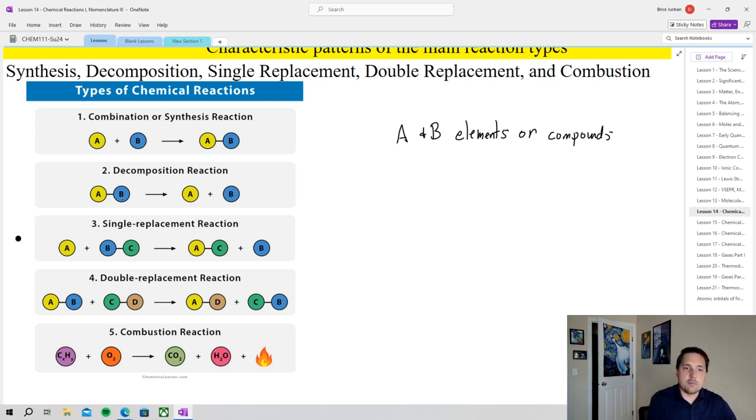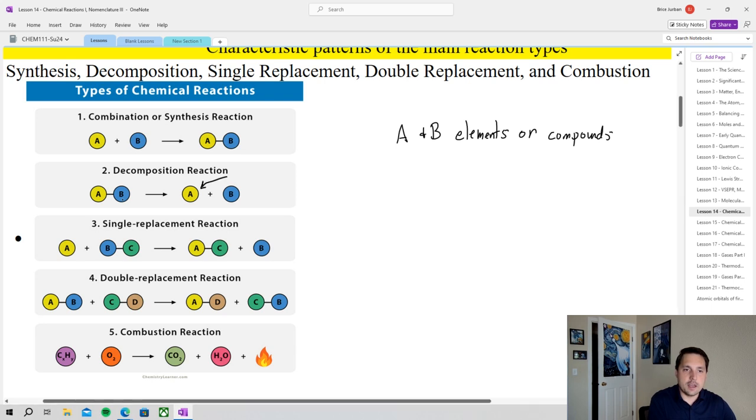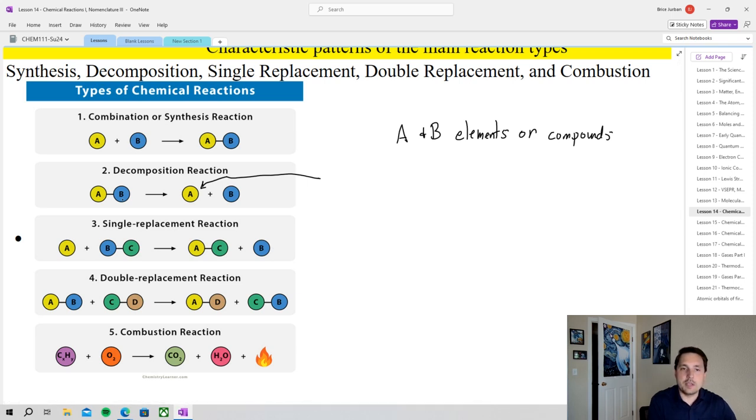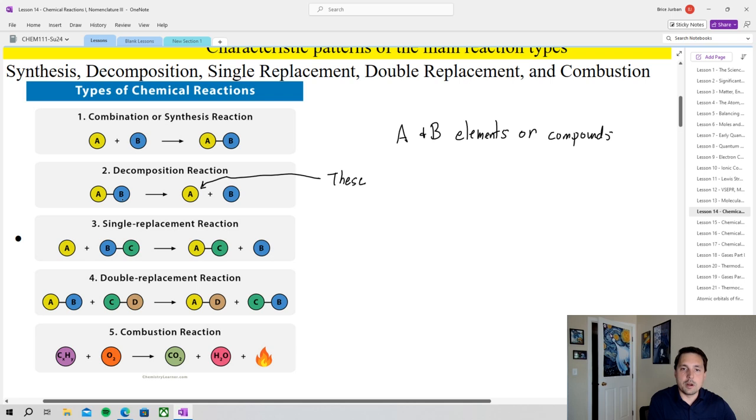These ones here, A and B, don't necessarily need to be a pure element. They could be a diatomic compound, but it will just be composed of A or just composed of B. I'll show you a variety of these and we'll practice this.